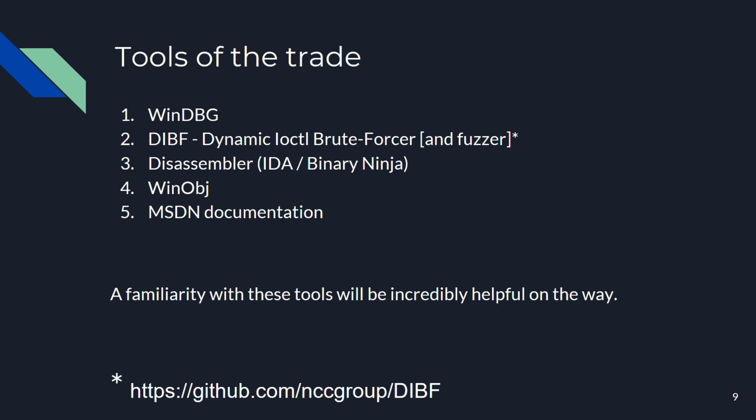What exactly broke? Also, we're going to be using a disassembler such as Binary Ninja or IDA. This can be the free version. All this stuff is online, publicly available, and free, which is good news for all. Finally, we're going to be using WinObj and the Microsoft documentation extensively if you really dive into this project.